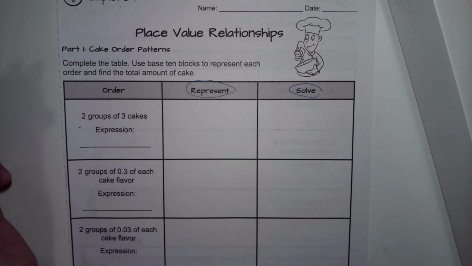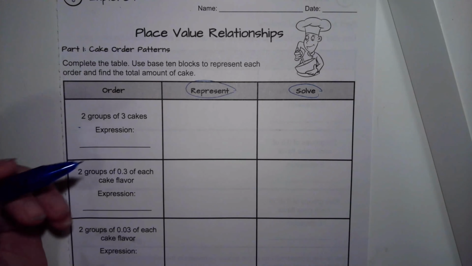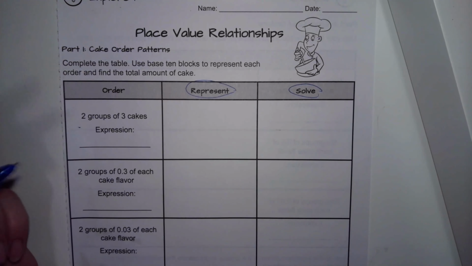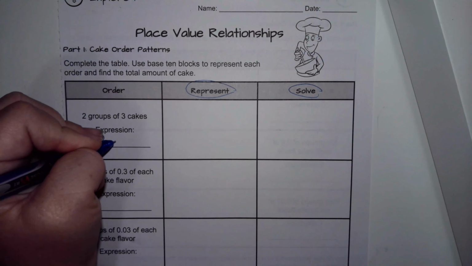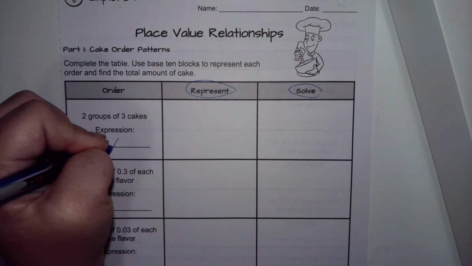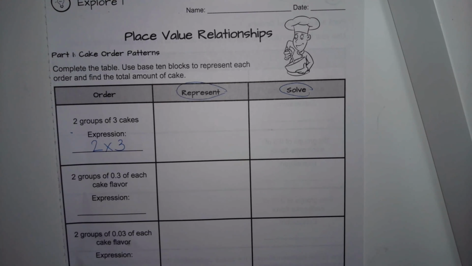So the first thing to do is I want to write an expression. This says that I have two groups of 3 cakes, okay? Easy enough. So I'm multiplying 2 times 3, and how I represent it is very simple.